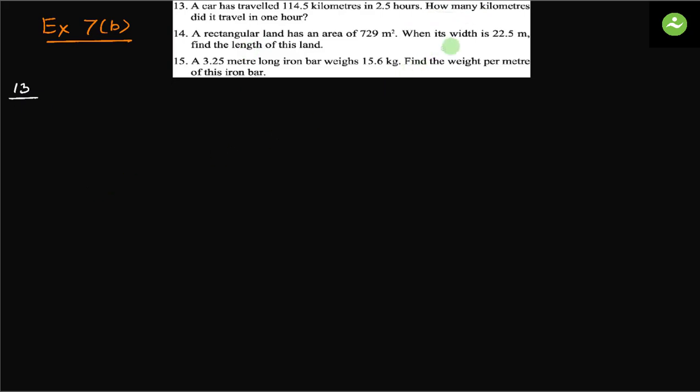So we put the kilometer on the right and we put the hours on the left. 2.5 hours, car travels 114.5 kilometers.